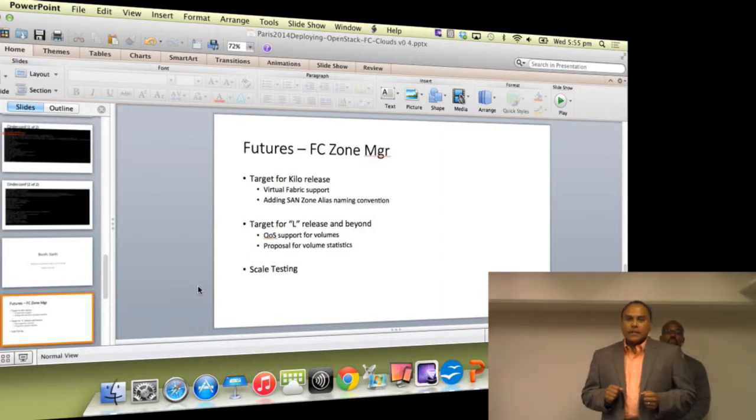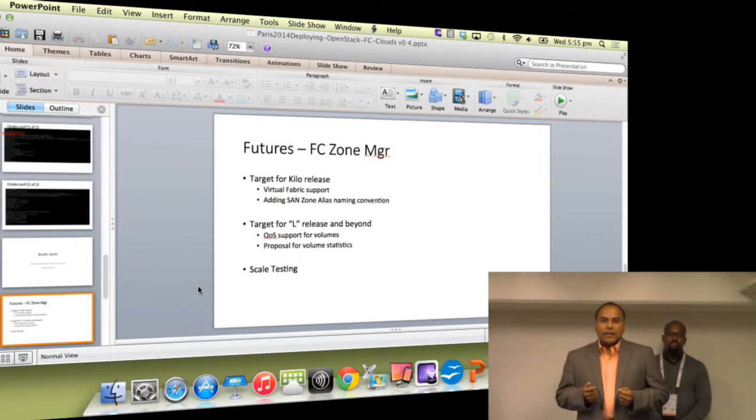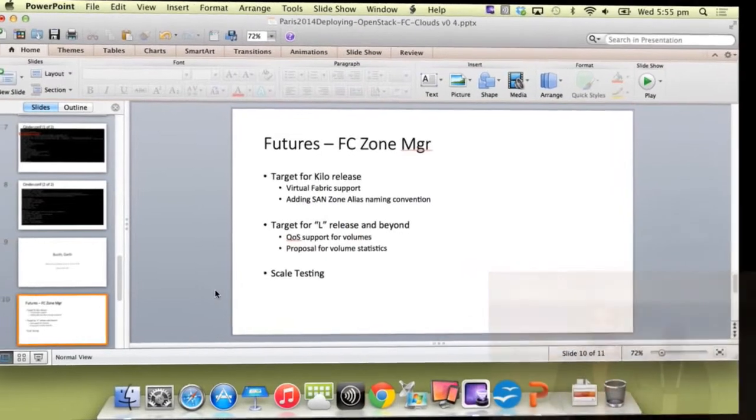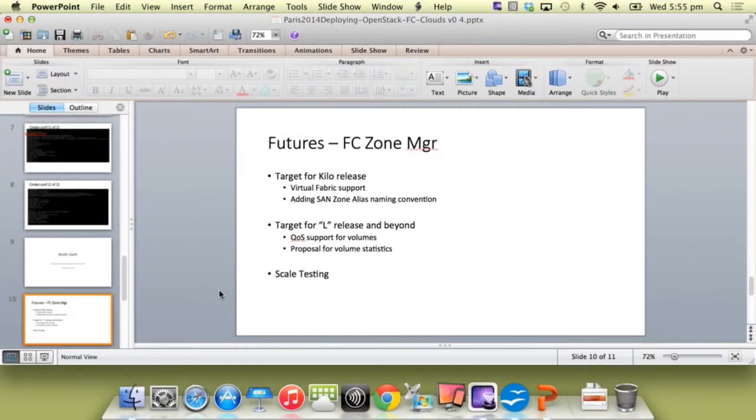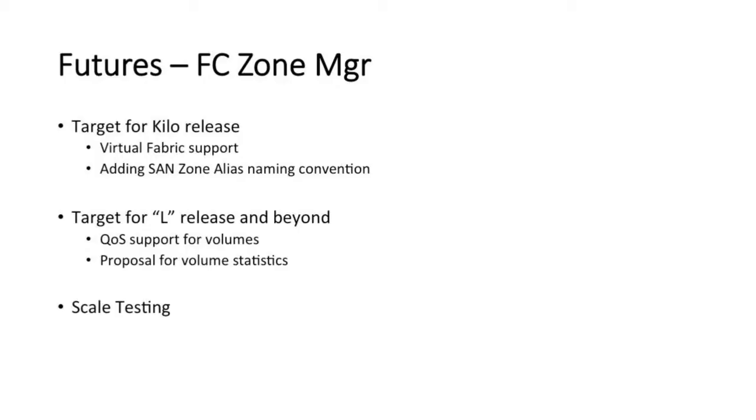For the Kilo release, which is our next major release, we'll be planning to support virtual fabrics. We're also looking into providing support for adding zone management alias name support as part of the Kilo release.